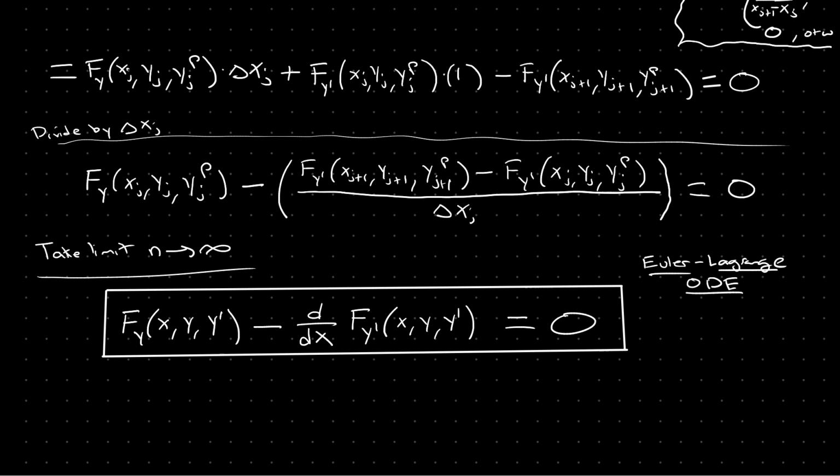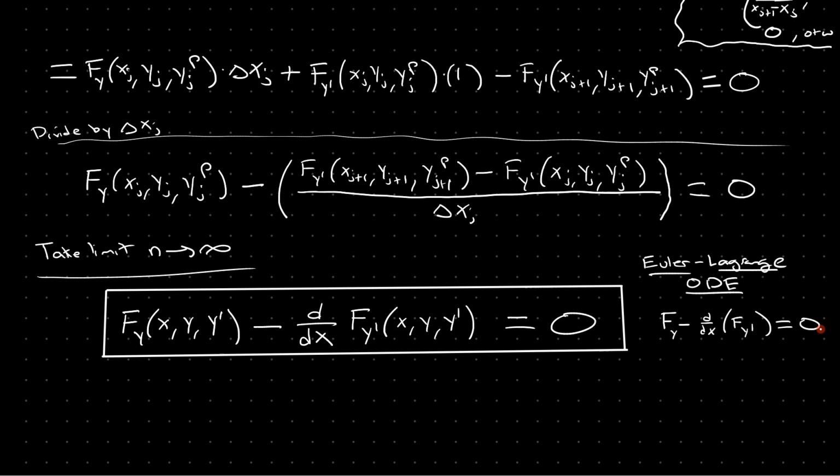If we accept the fact that f, fy, fy prime are all functions of x, y, and y prime, we can abbreviate this equation as fy minus the x derivative of fy prime. Just a more compact way of writing down the Euler-Lagrange ODE.